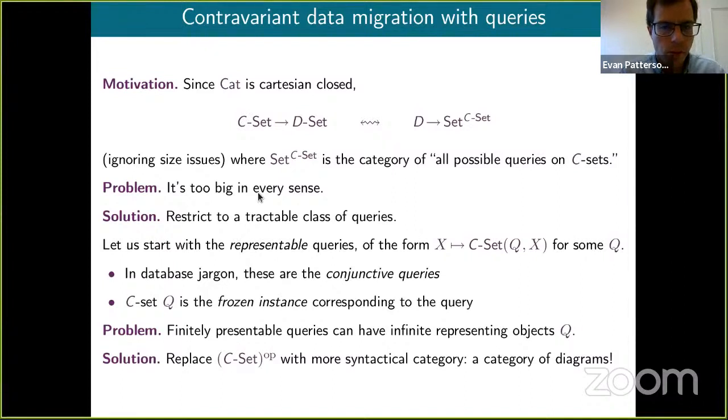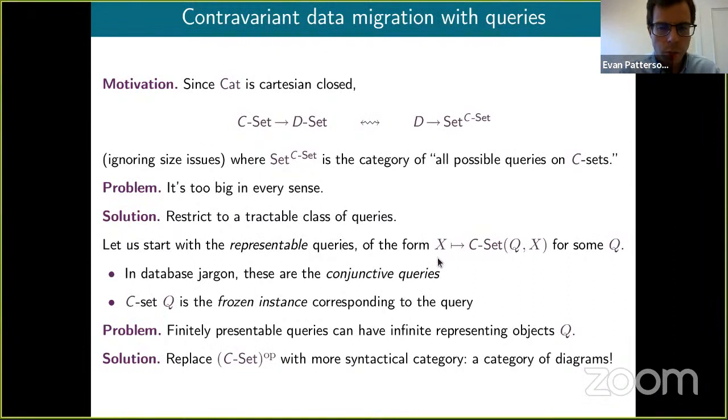Now, this is not really a viable set of things to look at. It's too big in every sense. And so what we're going to do instead is try to restrict to tractable classes of queries. And so the most natural thing to start with would be to say, well, we can look at the representables in here.